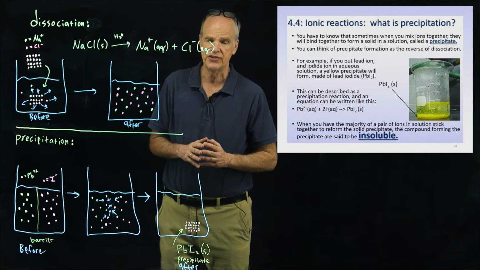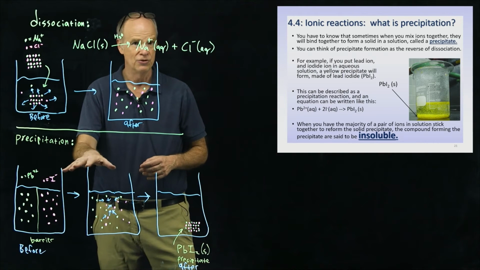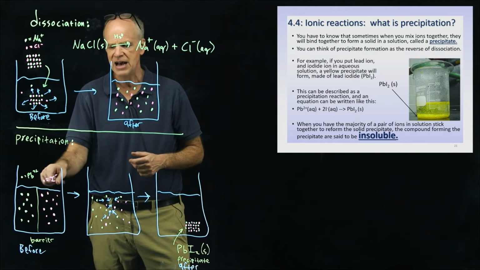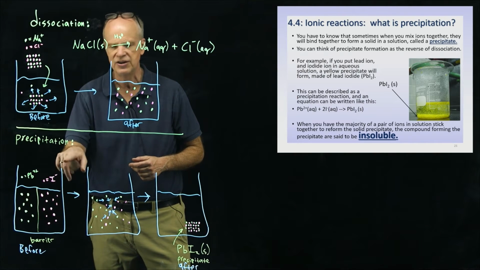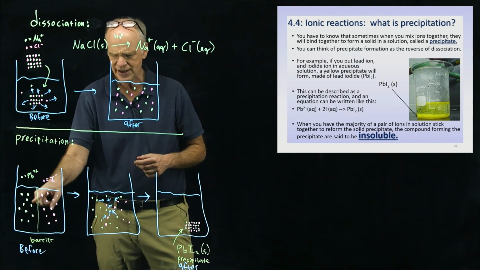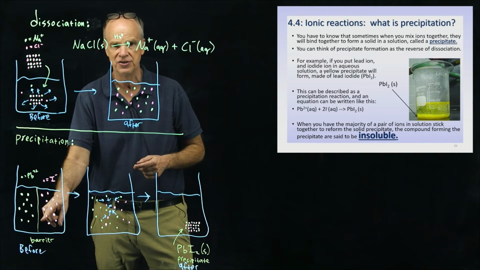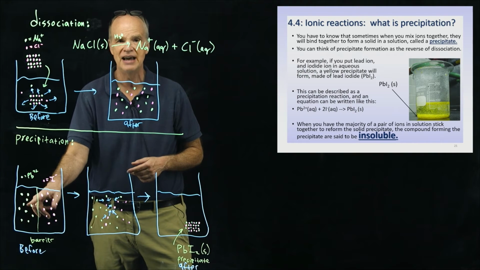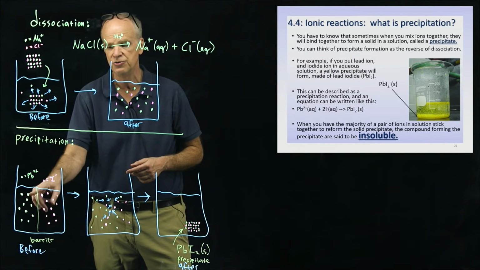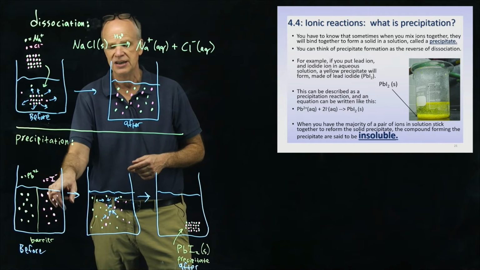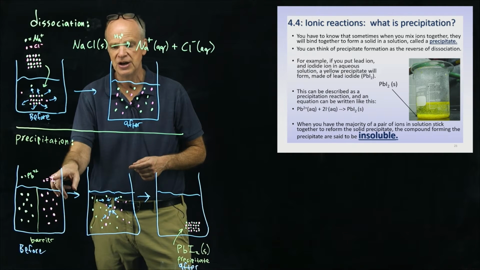I've got a picture of this process here. Imagine a beaker of water, and let's say that somehow you have a barrier in this beaker so that on the left side of the barrier you have lead ions, which are Pb2+, and on the right side of the beaker you have iodide ions, which are I-.